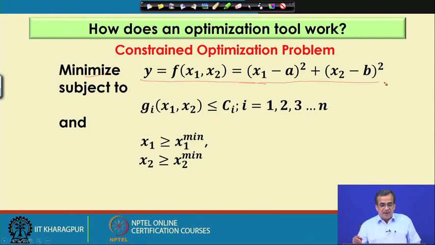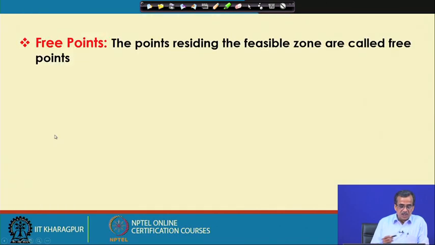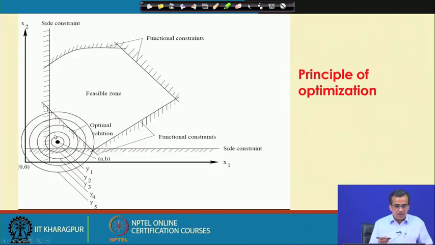Now, if I consider a particular value for this particular y, say 0, corresponding to this y equals to 0, I can draw one circle, and that will be nothing but this point circle. Now, similarly what you can do is, we can take some other value for this particular y, say y 1.